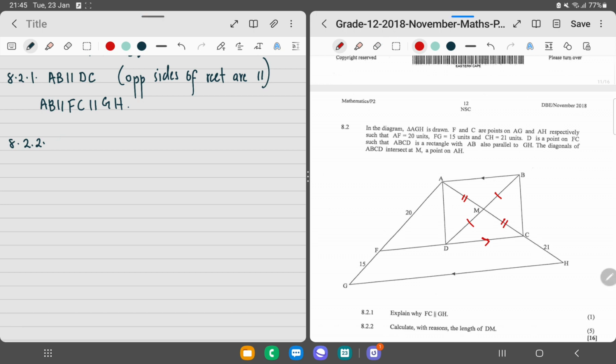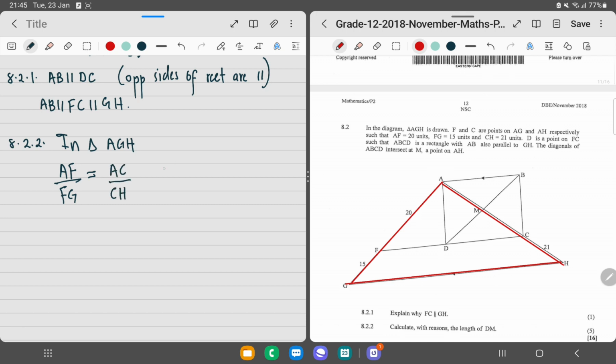Okay. So in triangle AGH, so I'm looking at this. I can see that AF over FG should be equal to AC over CH.